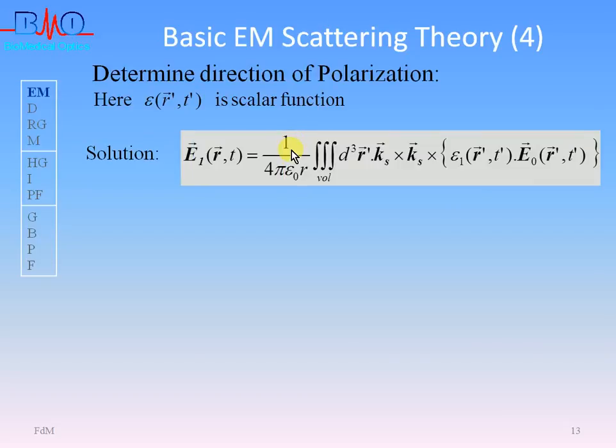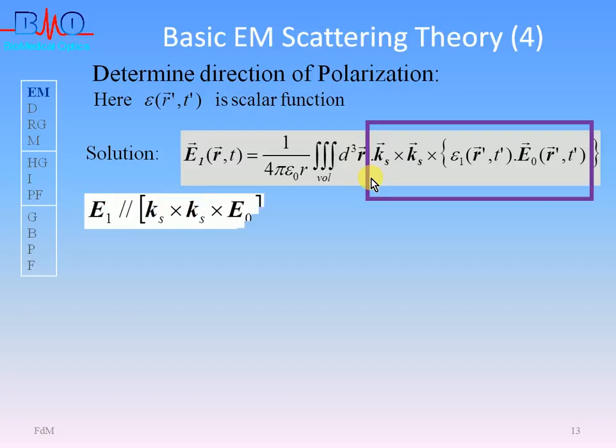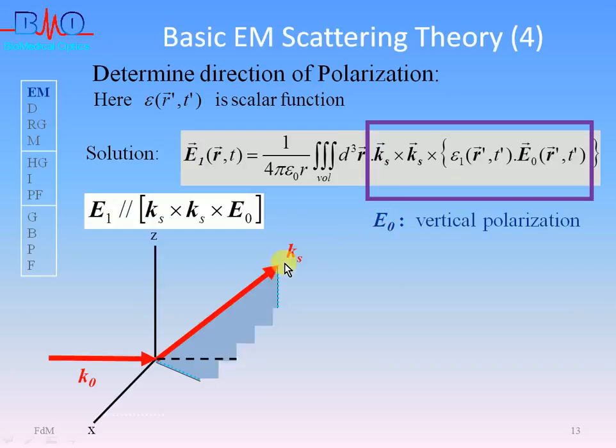Here is the solution again, and now we will look at this part of the expression. When epsilon 1 is a scalar function, the direction of E1 will be parallel to this expression here. Let's assume that E0 is vertically polarized, as is seen here.